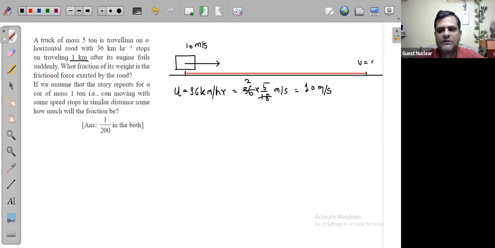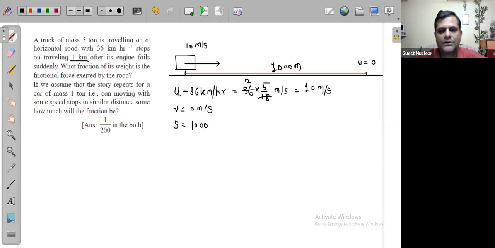We can just say that it will be 0, no doubt, and hence the final velocity is 0 meter per second. And after traveling 1000 meter actually, तो ये 1 किलोमीटर मतलब ये क्या हो गया? 1000 मीटर हो गया. ये डिस्टेंस यहाँ पे दिया हुआ है 1000 मीटर. उतना डिस्टेंस ट्रैवल करने के बाद वो ट्रक जाके रुकता है. That means the displacement is also given to be 1000 meter.